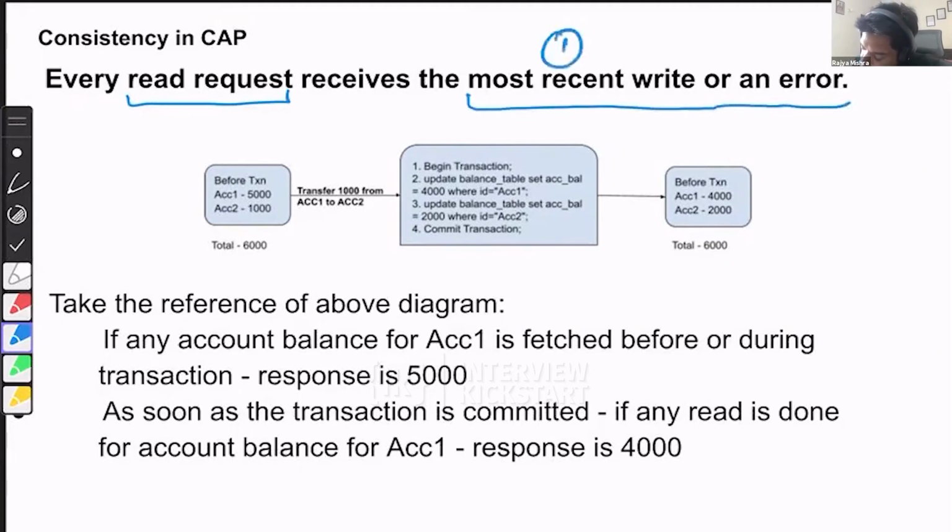So the output should be the most recent write or an error. So either I see the most recent updated data or I get an error. I don't see stale data. This is consistency in CAP theorem. Right?